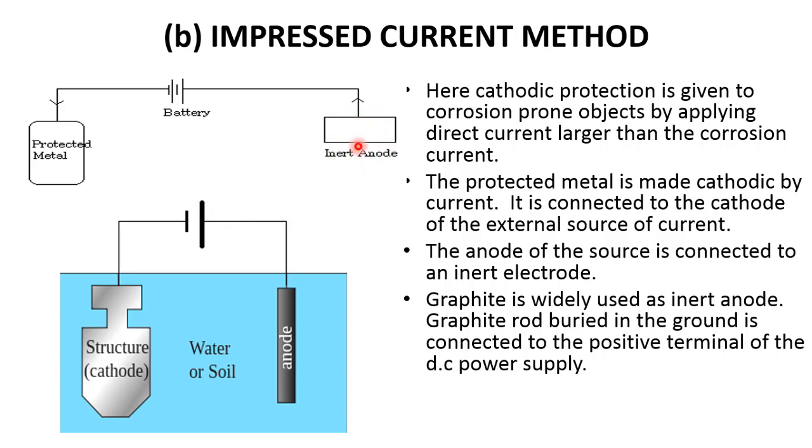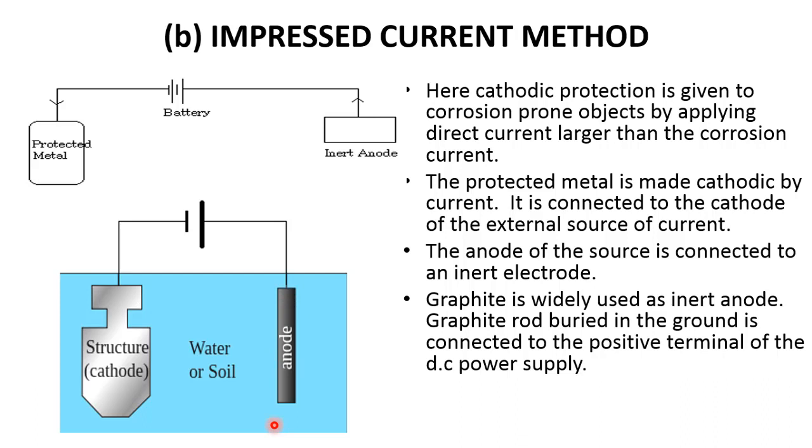An inert electrode is connected to the anode of the source. Graphite is used as the inert electrode. A graphite rod buried in the ground is connected to the positive terminal of the DC power supply.